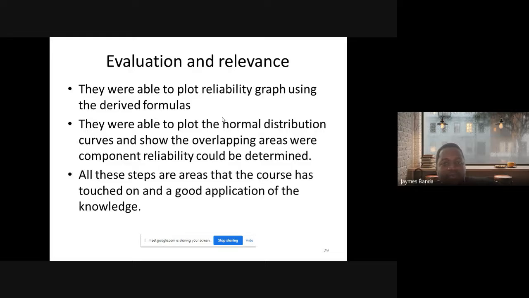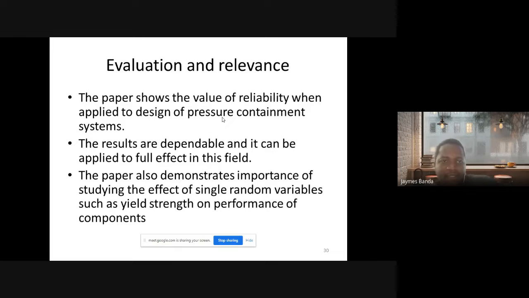They were also able to plot the graph using derived formulas, and to plot normal distribution curves to show the overlapping areas where component reliability could be determined. All these steps are areas that the course has touched on and a good application of the knowledge that we have so far gained.